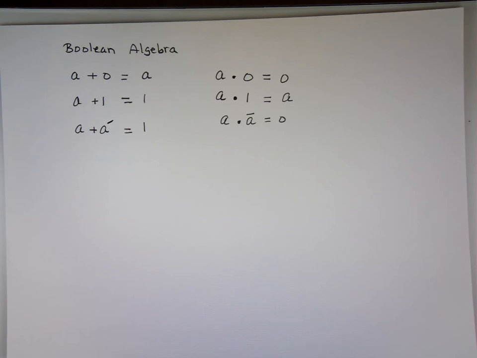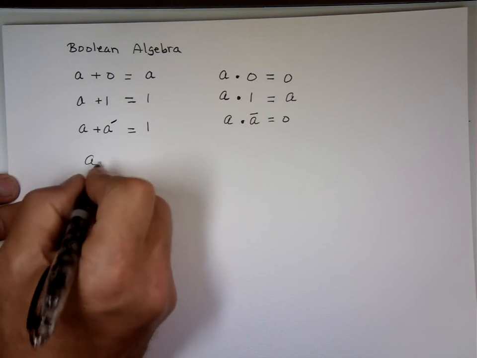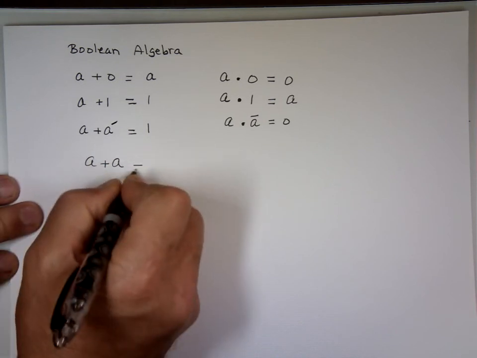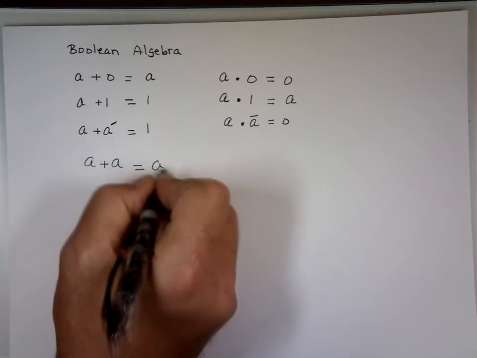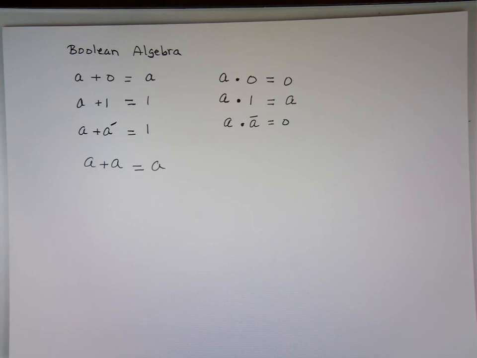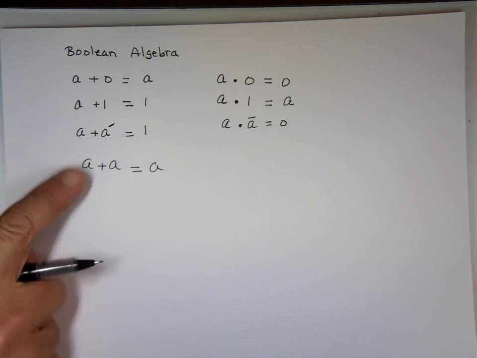What's A plus A? Notice it's called Boolean algebra, not algebra, because A plus A in algebra and math is what? 2A. Not today. A. That's an A. If A is 0, what's 0 plus 0? 0.